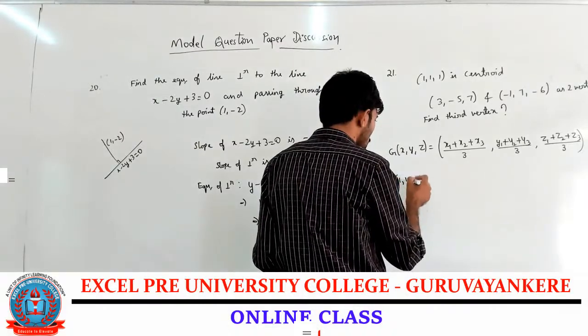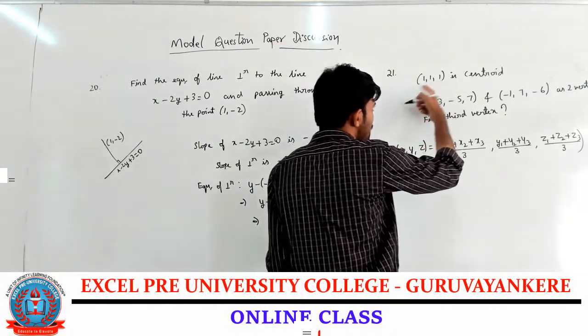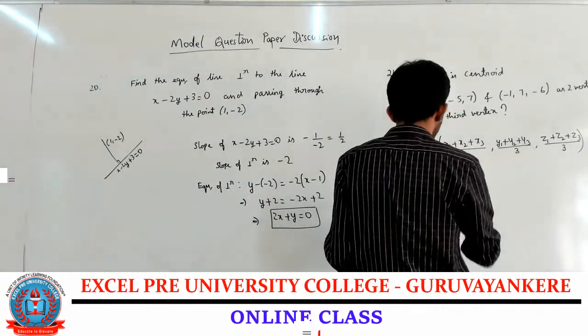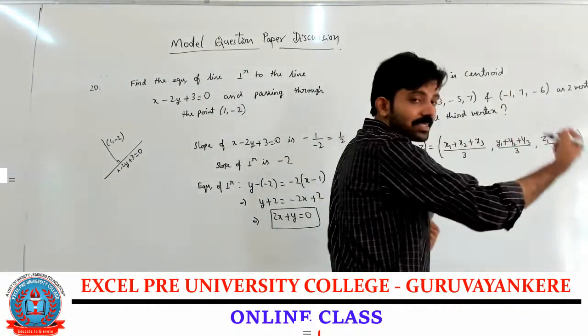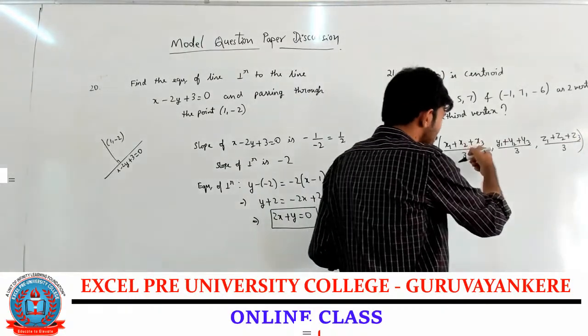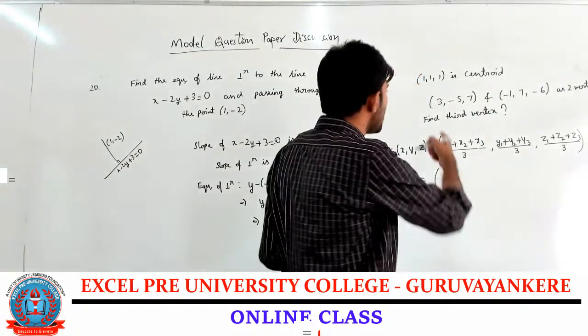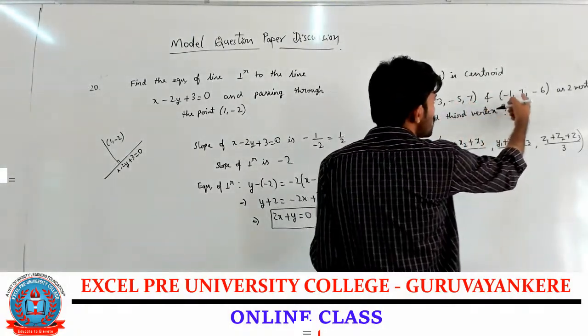The centroid is given as 1, 1, 1, which equals x1 plus x2 plus x3 and so on. To find the third vertex x3, y3, z3, take these as x1, y1, z1 and x2, y2, z2.